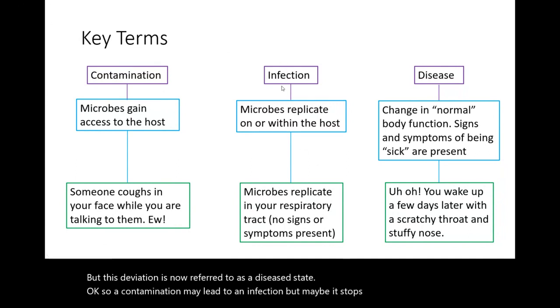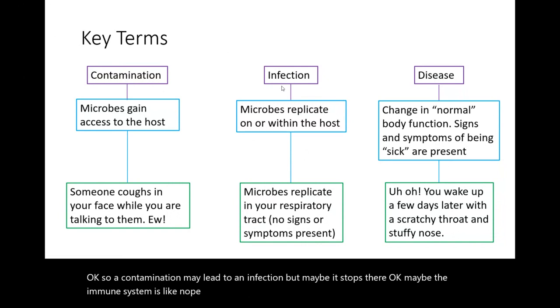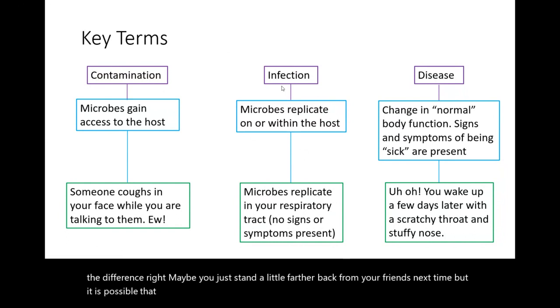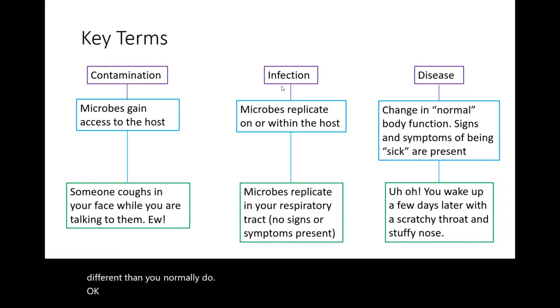Maybe the immune system is like, nope, not today, pathogen, and everything clears it, and you never know the difference, right? Maybe you just stand a little farther back from your friend next time. But it is possible that an infection can lead to disease, which again is when you feel different than you normally do, okay? So please know infection and disease are not and should not be used interchangeably.